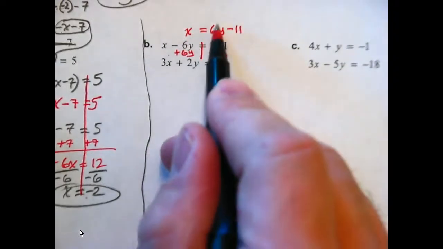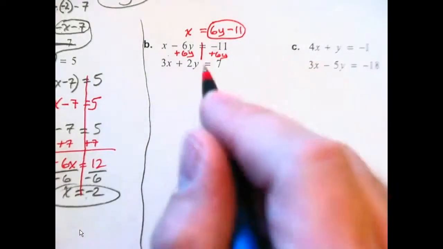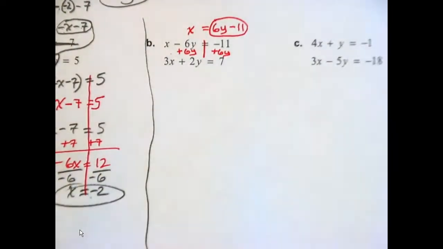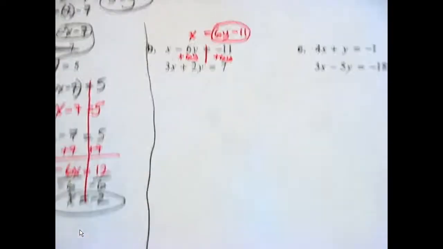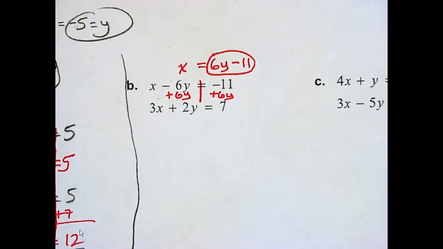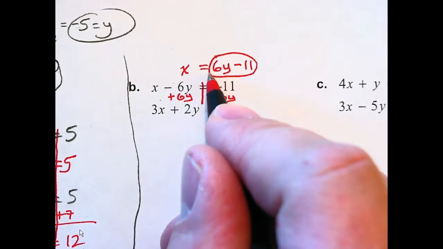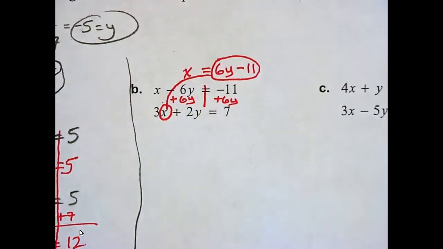So you know x equals 6y minus 11. Go ahead and draw your line and connect it to where that's going to get plugged in. Because x was easier to get alone. Okay, so I'm going to draw my line and plug it in right there. We good there?